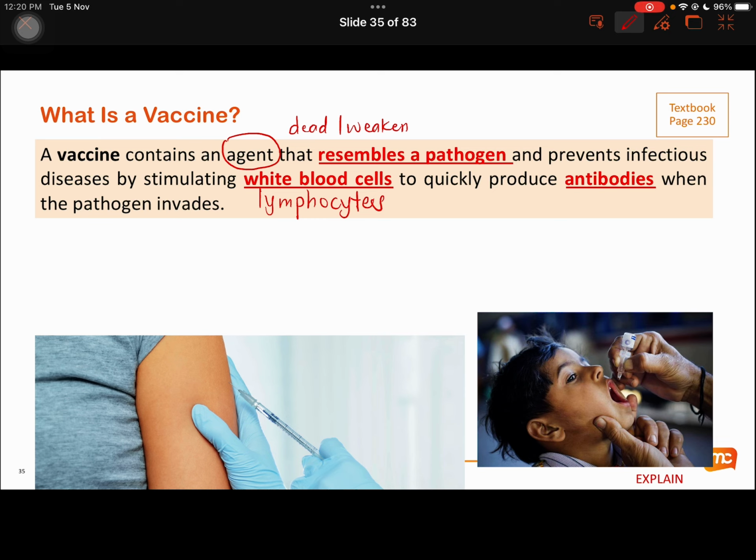Vaccine can help to prevent us from getting both bacteria and viral infection. Take note, vaccination is to help to prevent, but it does not cure. So it is not a treatment.